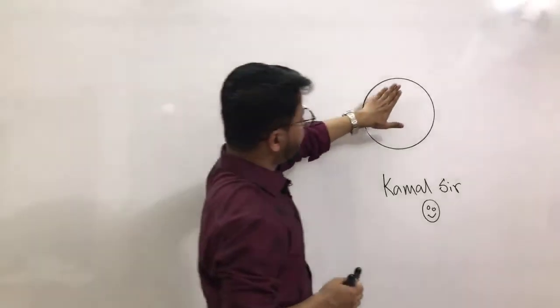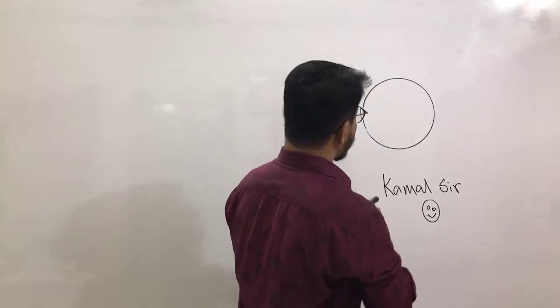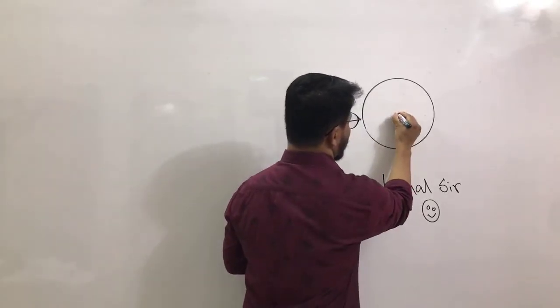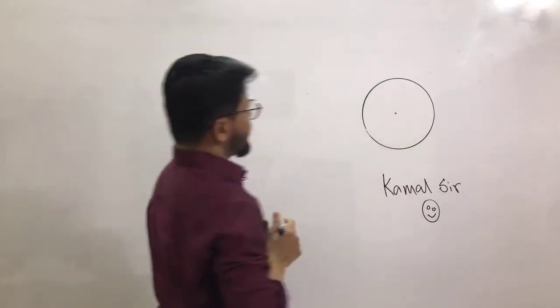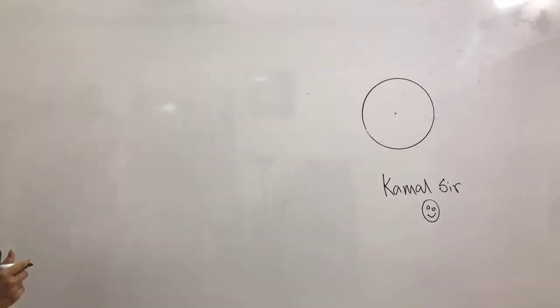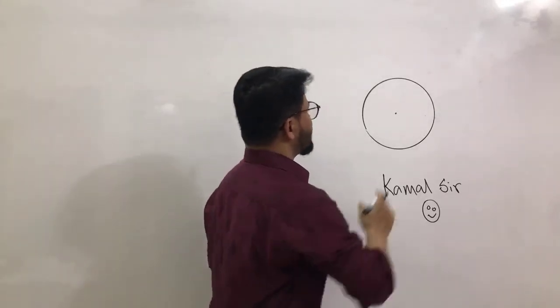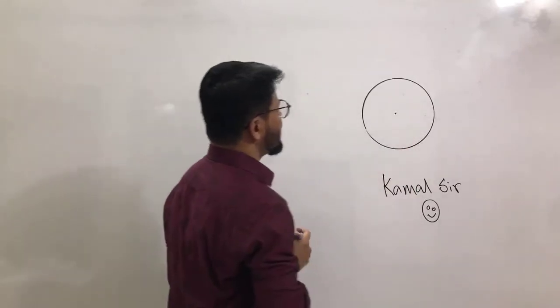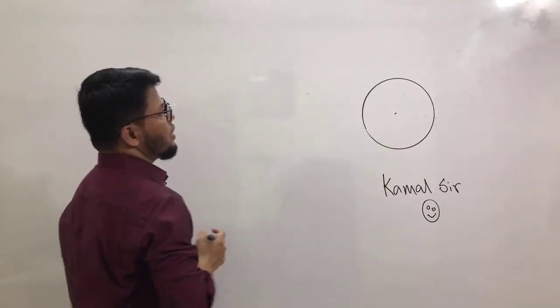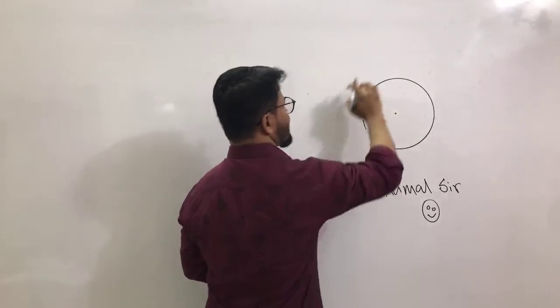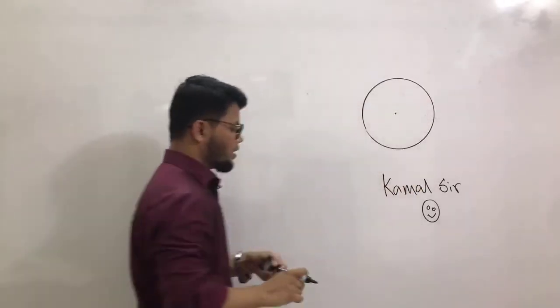Circle, we all know this one is the circle, and if we place the center here. So now from coordinate geometry, we can make the relation between radius and center and circumference of any point of the circle.